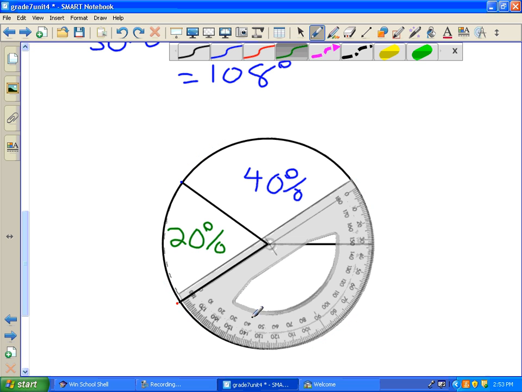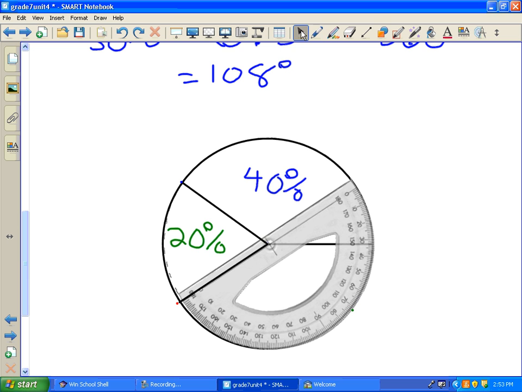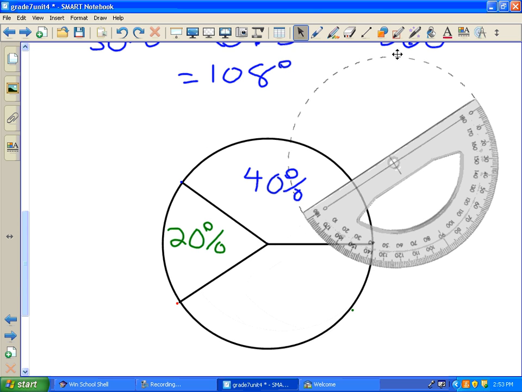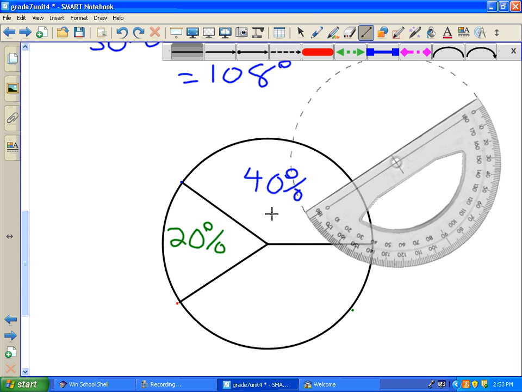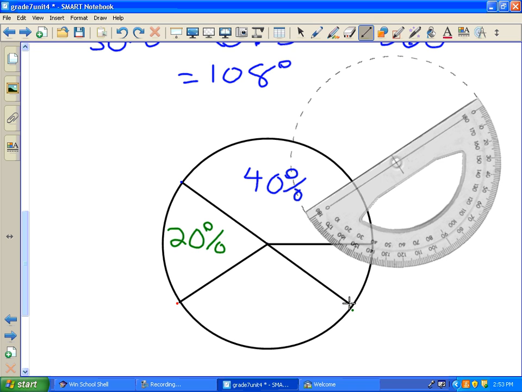So I will start measuring 10, 20, 30, 40, 50, 60, 70, 90, 100, and I need 108. So about right there is 108 degrees. Now I just have to draw my line from there to there.